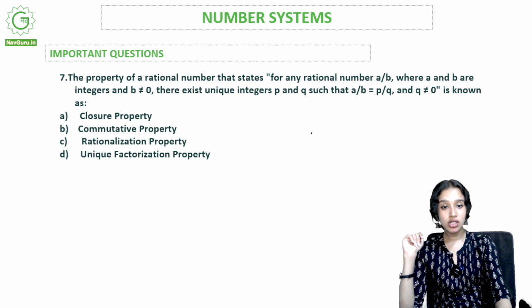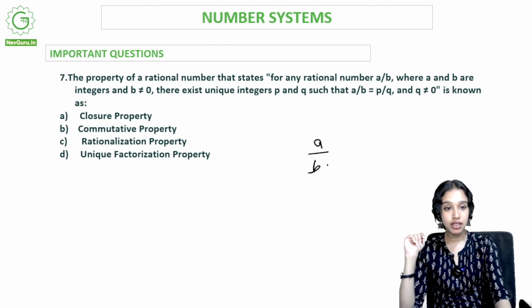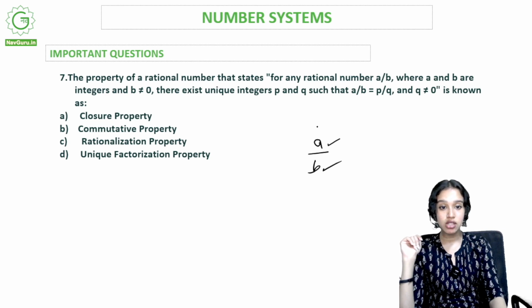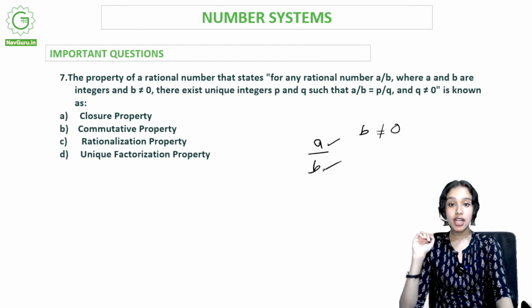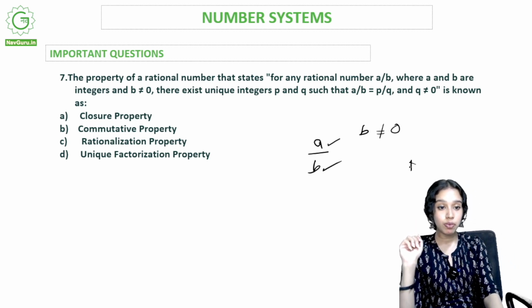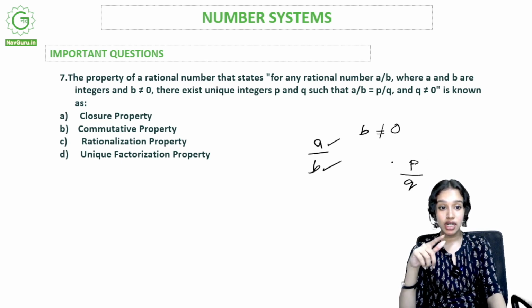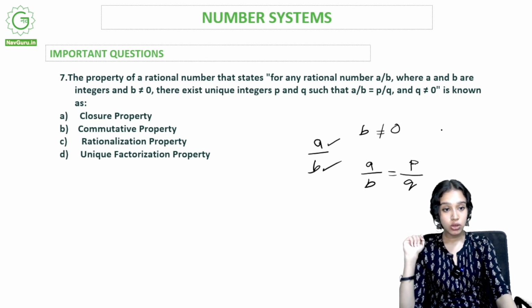For any rational number a by b, where a and b are integers and b is not equal to 0, a by b is a number, and there exist unique integers p and q such that a by b equals p by q, where q is not equal to 0.